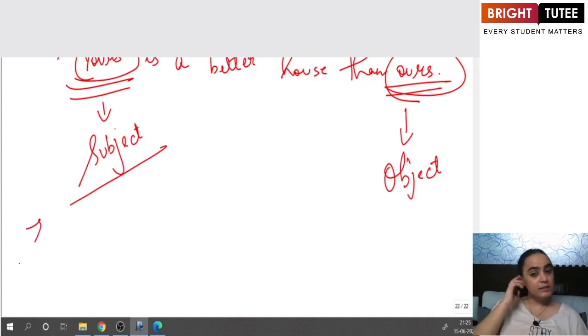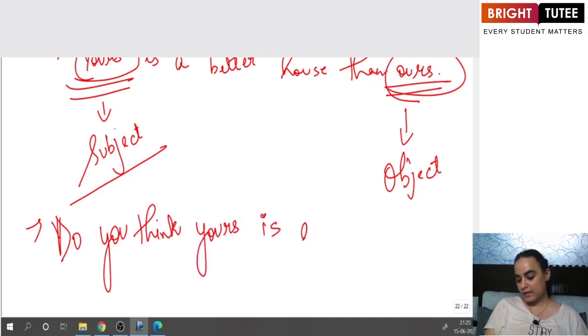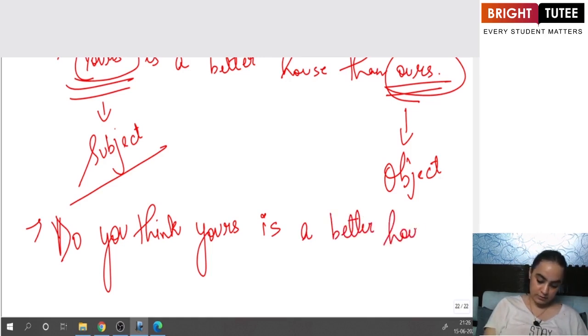If I give you the example of a direct object: do you think yours is a better house? Question. So, do you think yours is a better house?